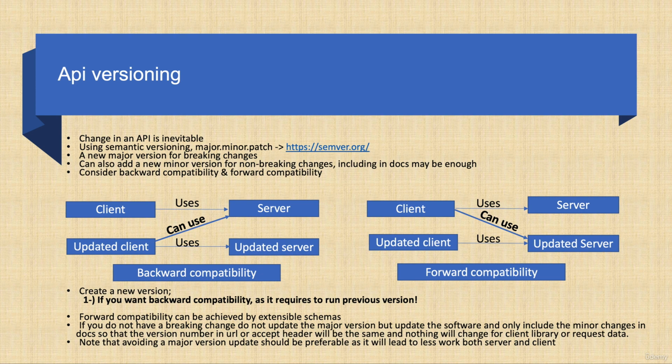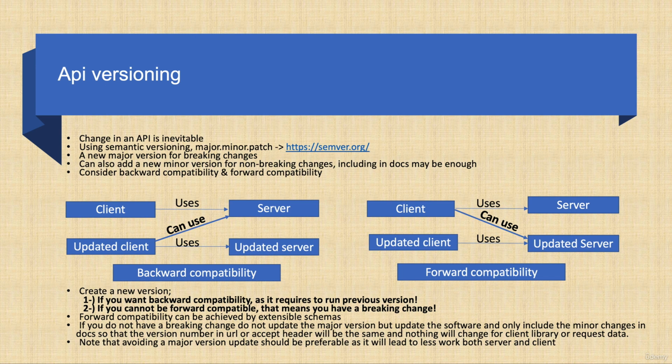Second, if you cannot be forward compatible, which implies that you have a breaking change, then you will end up with a client that cannot work with the new server and will need to be updated. In that case, you need a new version, as you must keep the old version live until the client is ready to be updated for the new breaking change in the system.